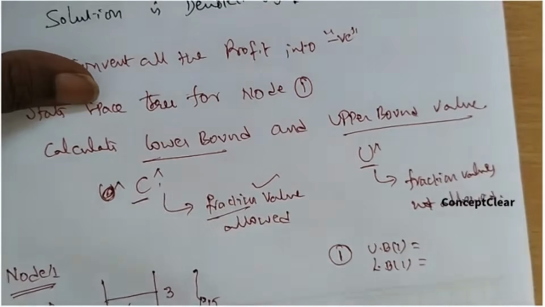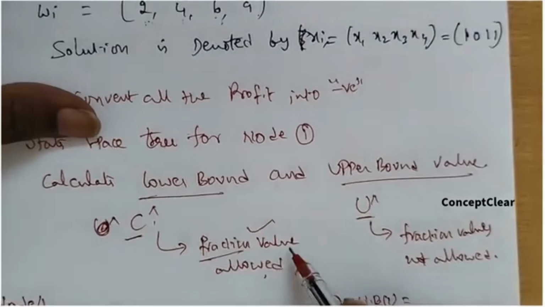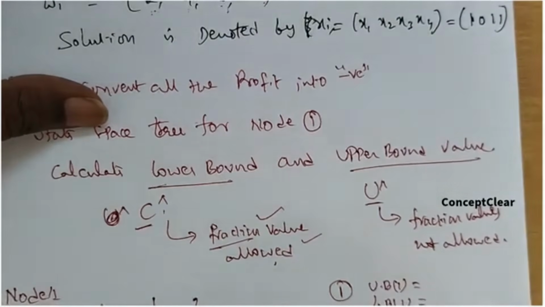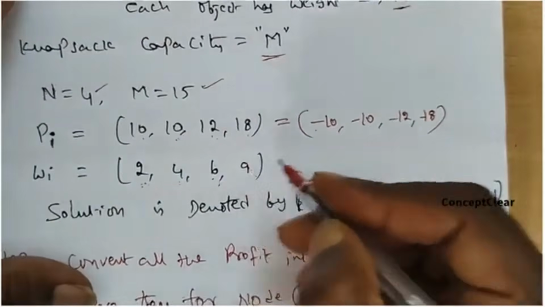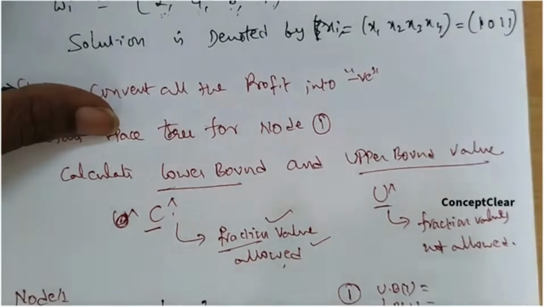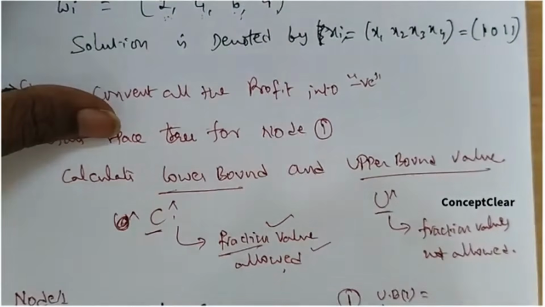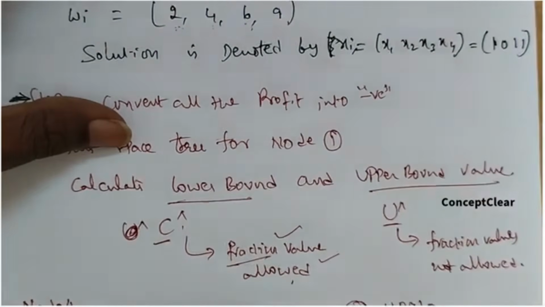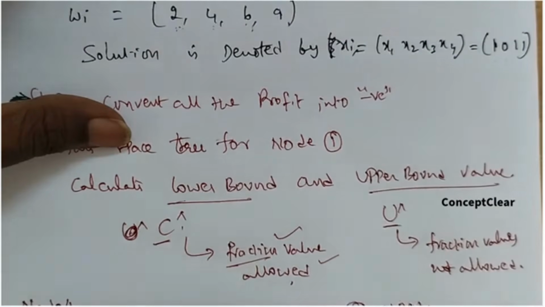For the lower bound, consider that fractional values are allowed. The remaining capacity is 3 and the total kept weight is 9. It is not possible to fill the remaining capacity of 3 with an object of weight 9, so we have to take the fraction value. How?